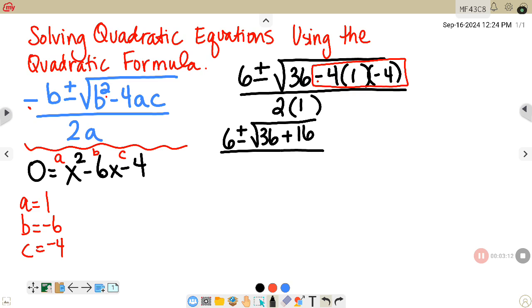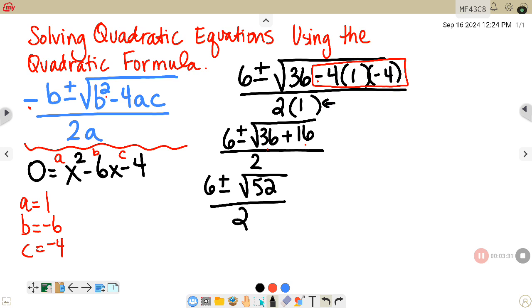And then the denominator, which was the 2 times 1, just gives me 2. Now I'm going to add the 36 and the 16 together. So I have 6 plus or minus the square root of 52 over 2.